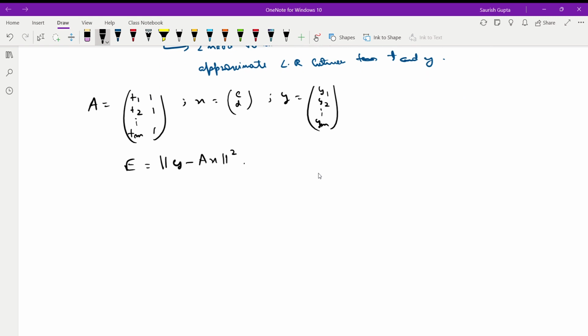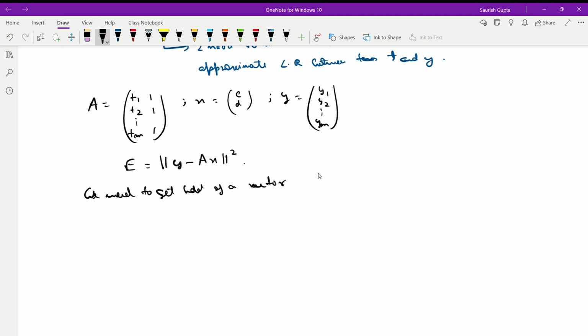Okay. So in order to minimize E, what should be the procedure to minimize E? We need to get hold of a vector. So to minimize E, we cannot minimize the data which we have experimentally got. That is, we cannot minimize the t's and the y's, right? They are experimental data. The minimization we need must be in terms of the scalars C and D. That's quite an obvious fact, right?